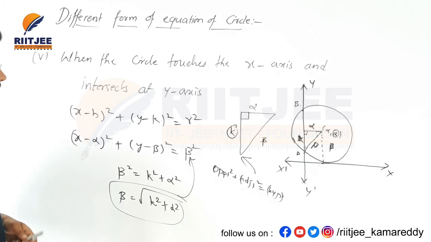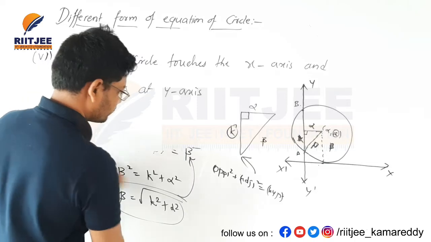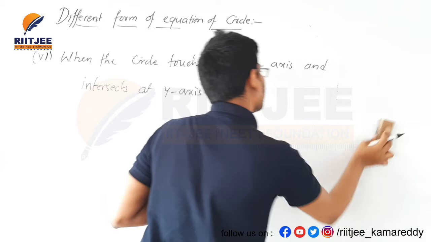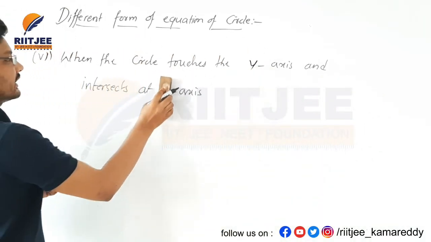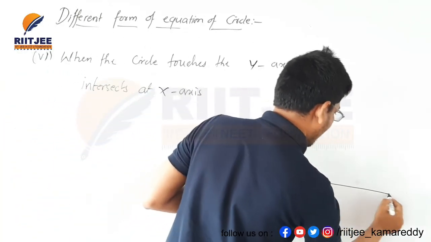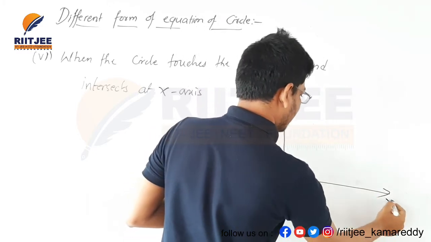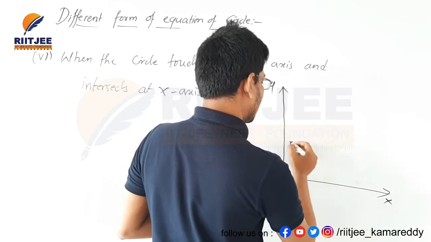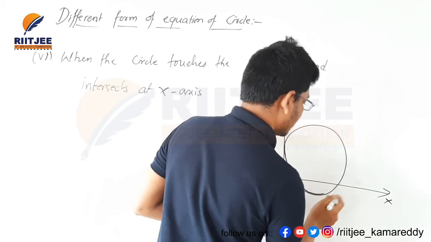Now the sixth type of circle is when a circle touches the y axis and intersects at the x axis. The diagram looks like this: y dash, x dash, origin 0, 0, and the circle touches the y axis and intersects the x axis.